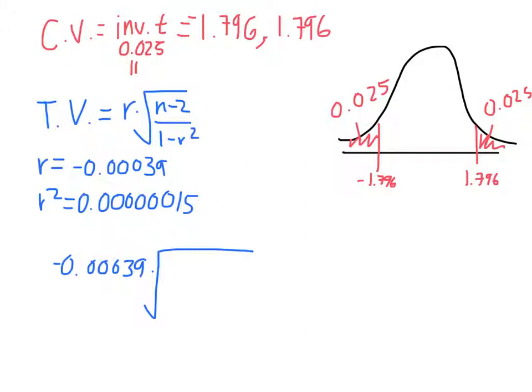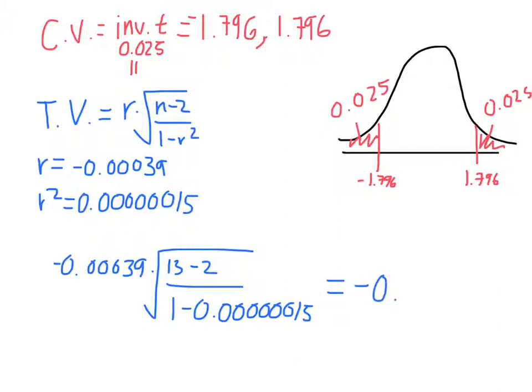N would be 13 minus 2 divided by 1 minus r squared. And the test value ends up being negative 0.0013, and now we can label that on our graph, which would be about here.